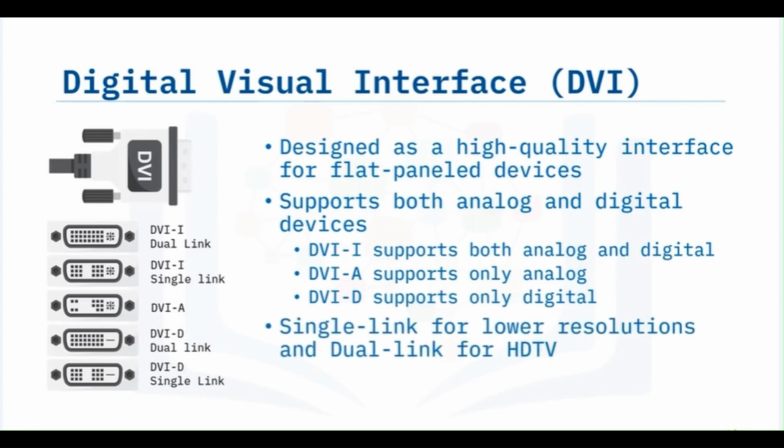The digital connectors come in single and dual link formats, where the dual link provides higher bandwidth for resolutions higher than HD TV or 1920 by 1200. This interface was very popular but has since been replaced by HDMI and Thunderbolt or DisplayPort interfaces.